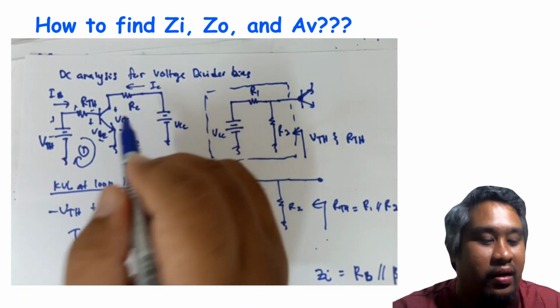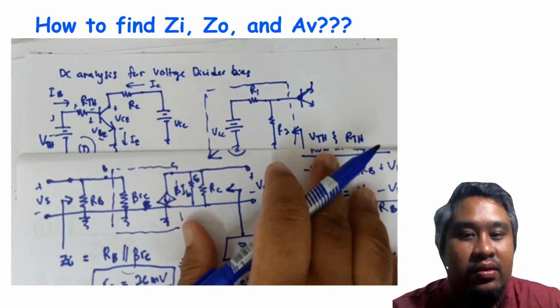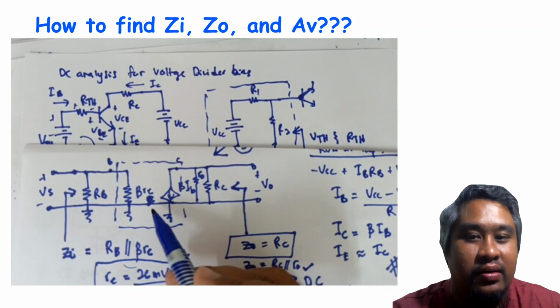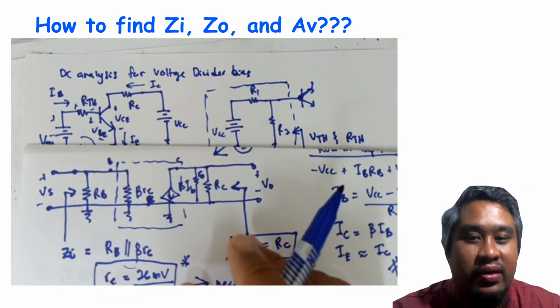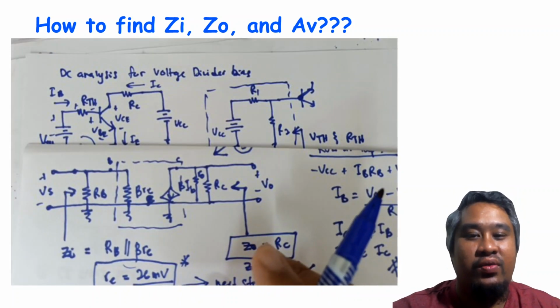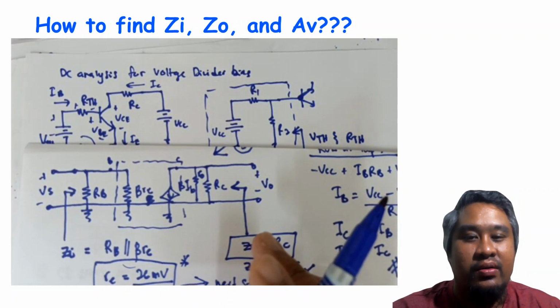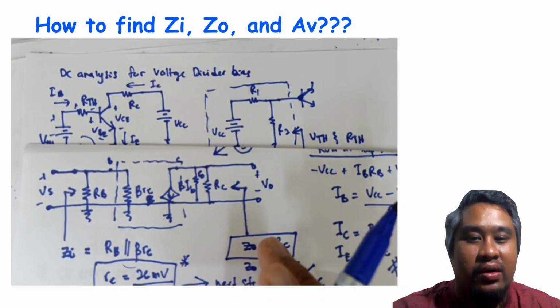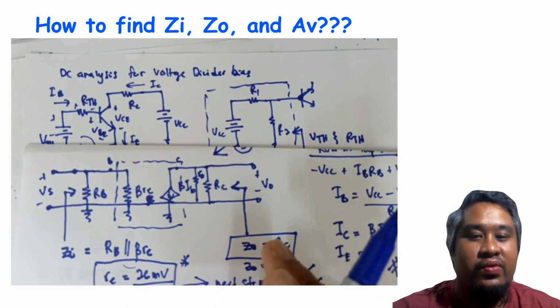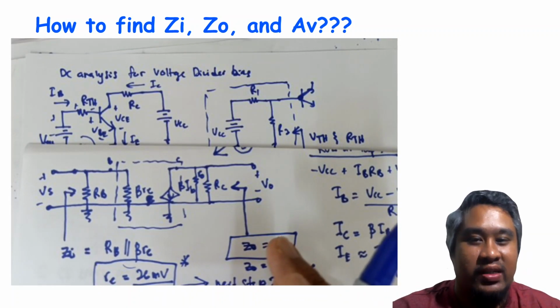What happens to our re model? It's a little bit different, and we have to use a different formula for ZI, and then we will see the formula for Z out and the voltage gain for that kind of circuit.